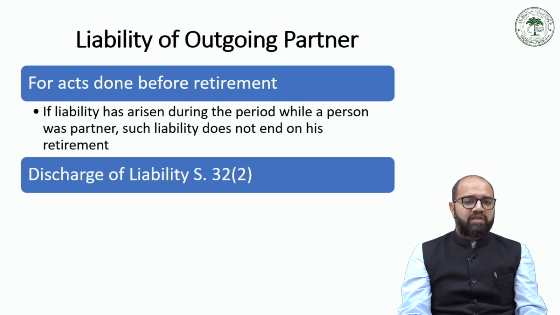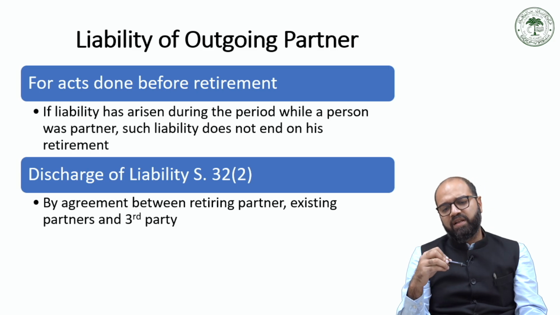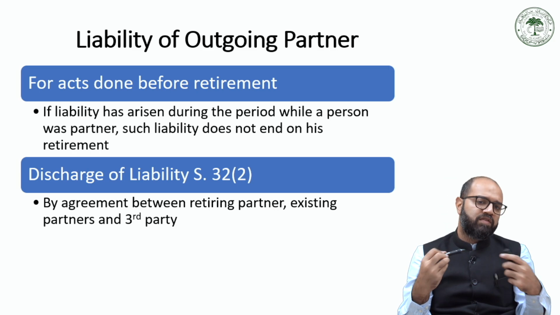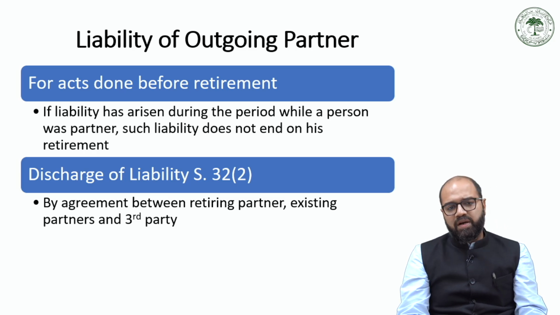However, this liability may be varied by an agreement between the retiring partner, the existing partners, and the third party, wherein after a partner has exited the partnership firm, he is absolved of all his previous liabilities. This discharge of liability can be done according to section 32 clause 2.